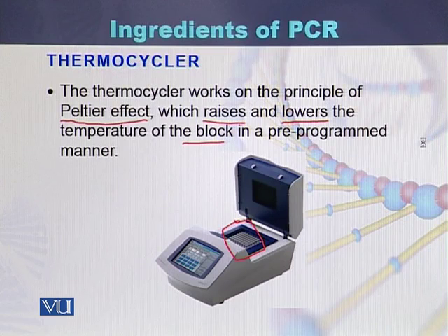In a PCR machine or thermocycler machine, there is a program that has been entered into the machine, and once the program is entered, we keep the tubes into the block, and the thermocycler increases and decreases the temperature as we have entered into the machine.